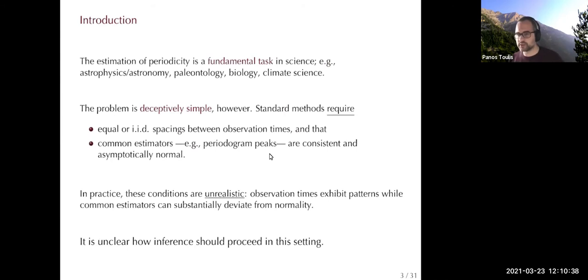So I'll try to make that point with a little bit of theory, and also with some real examples as well. So we do have these problems, and it's not clear how inference proceeds, because the standard methods, including the asymptotic frequentist methods or even Bayesian methods, can break down in this setting and in a really bad way.